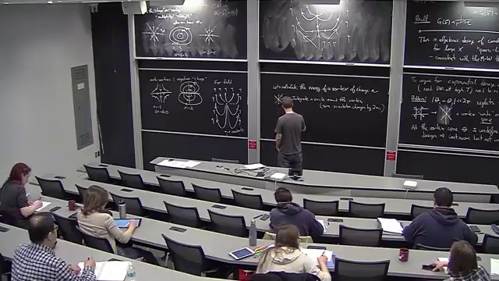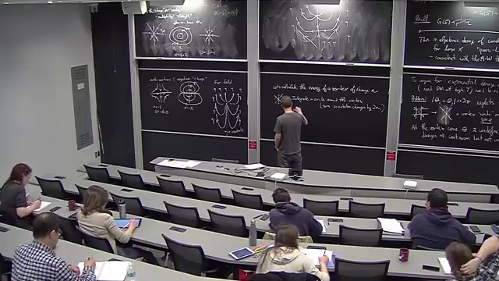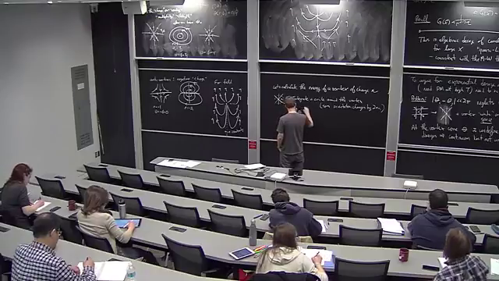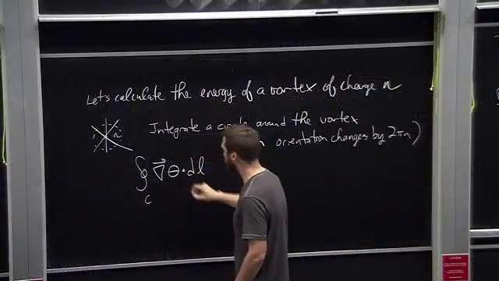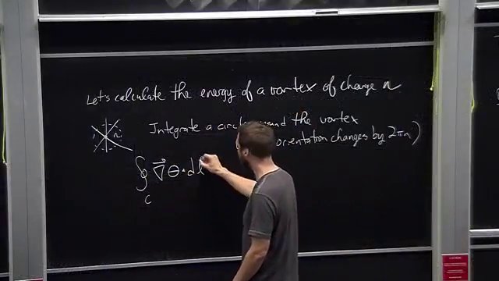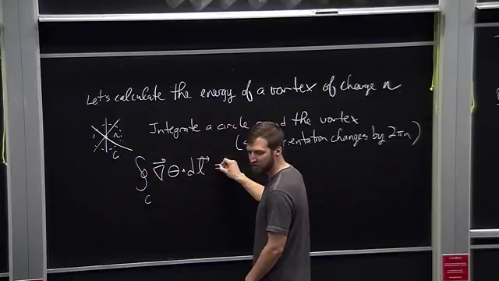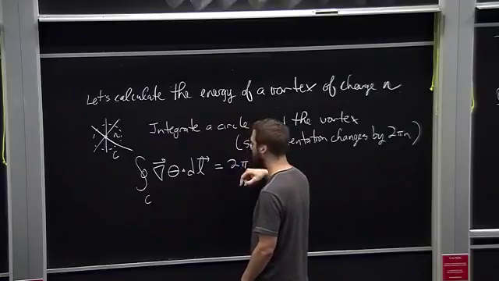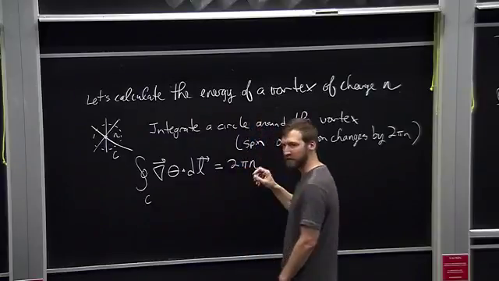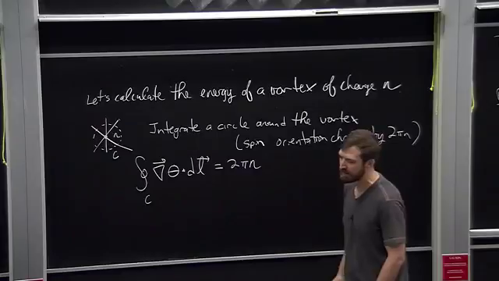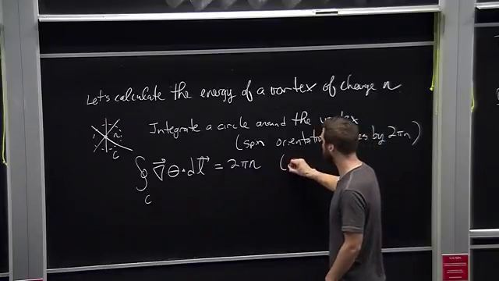So it should be the integral of grad theta dot dl, where L is the length of that path, that contour C. This should equal 2 pi times the charge of that field, 2 pi n, if you enclose a vortex.